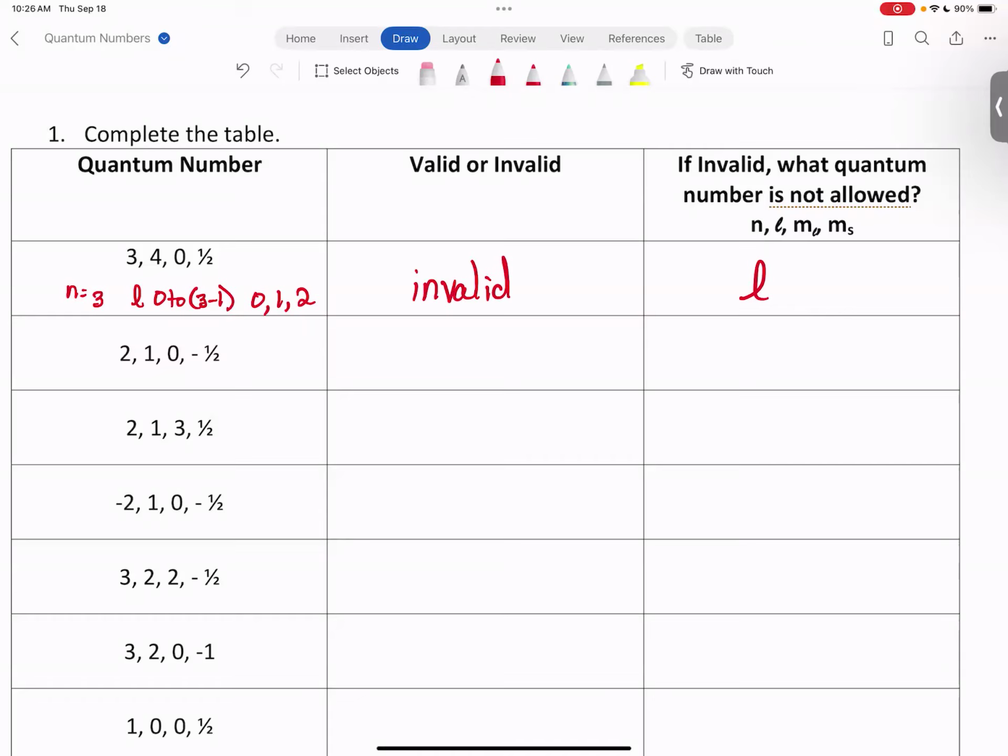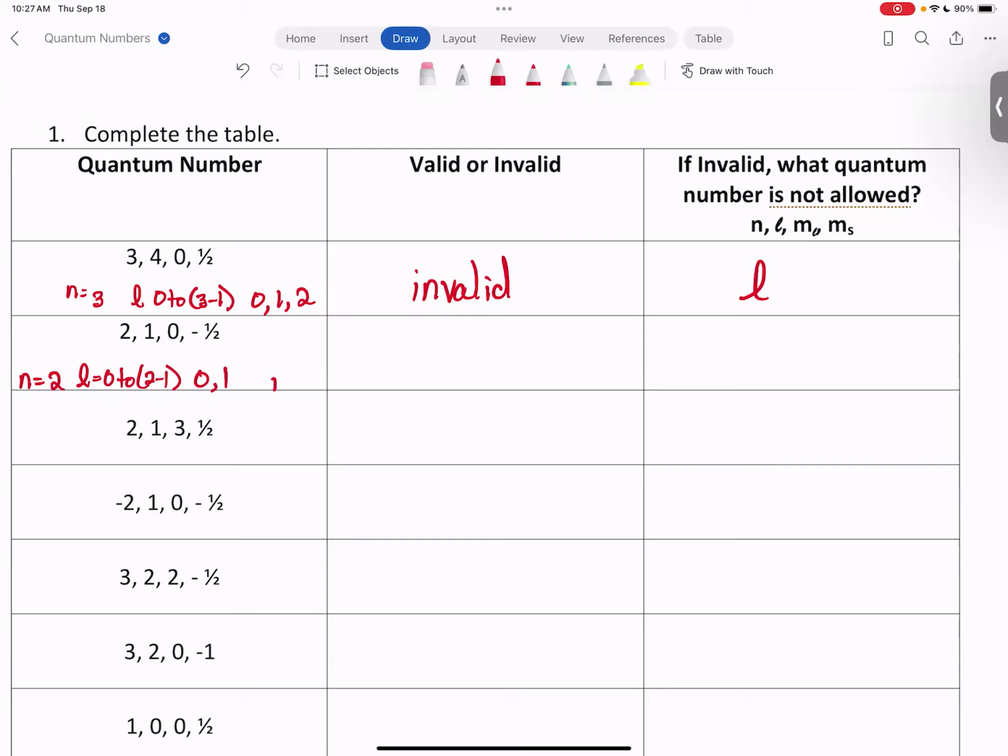The next one, well, n is fine. n can equal 2. That's not a problem. L is going to be equal to 0 to 2 minus 1, meaning that it can be a 0 or 1. So that's okay.